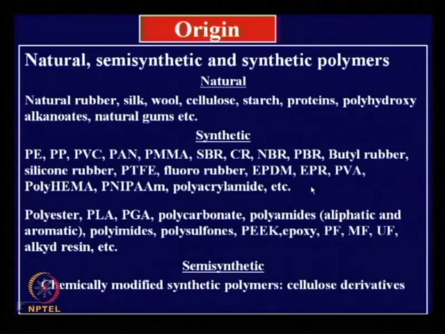Then epoxy polymers. You know araldite. What is araldite? It is a 2-pack system. One pack is the resin polymer and the other pack is the hardener, cross linker. When these two are mixed, it sets to a rigid, insoluble, infusible structure, that epoxide polymer.